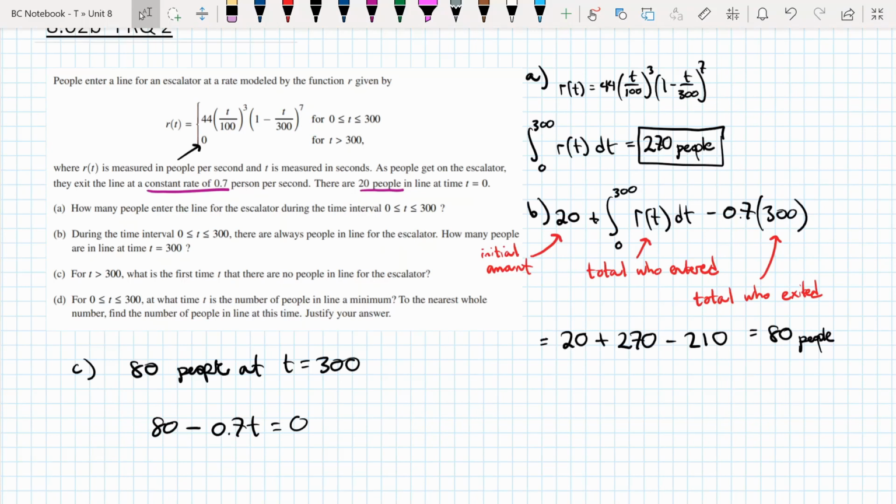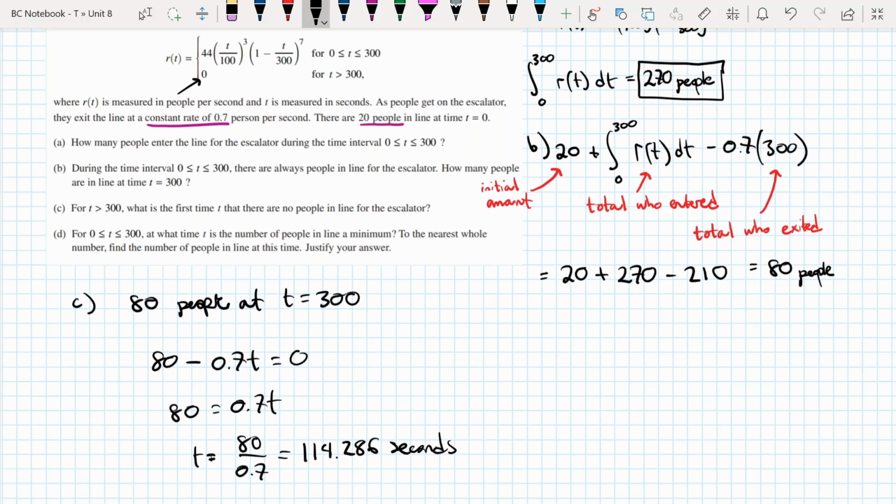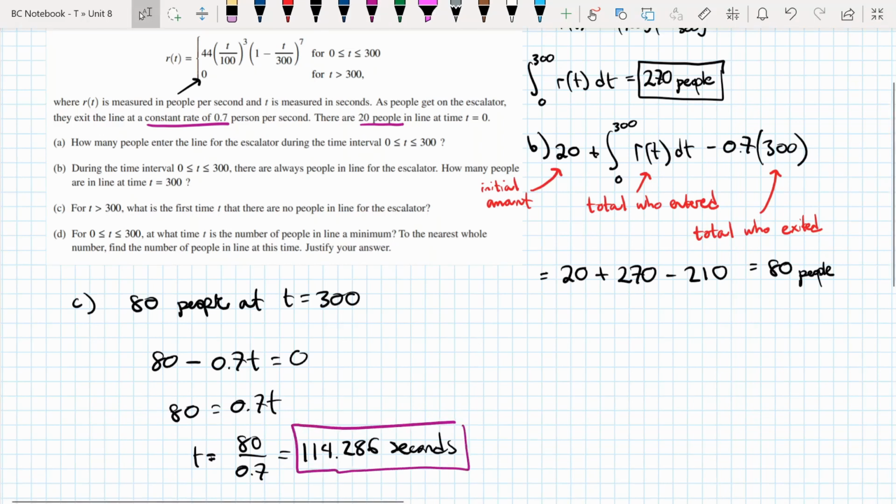This equation will tell us the time at which that total number of people, 80, decreases to 0. So we get 80 equals 0.7 times t. T is equal to 80 over 0.7, and we end up with 114.286 seconds. And that's the answer for part C.